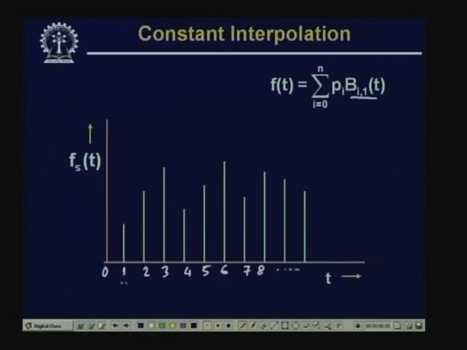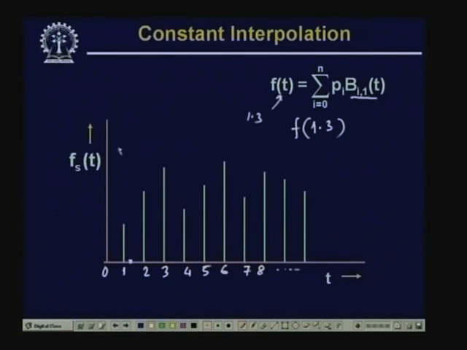Now, if I want to find out, say, f of 1.3, it should lie somewhere here. To find this f(1.3), I have to evaluate the function f(t) by putting t equal to 1.3, and f(t) is given by this expression, the sum of p_i b_i,1(t), where i varies from 0 to n. Now, if I take i equal to 1, b_1,1 is a function like this.